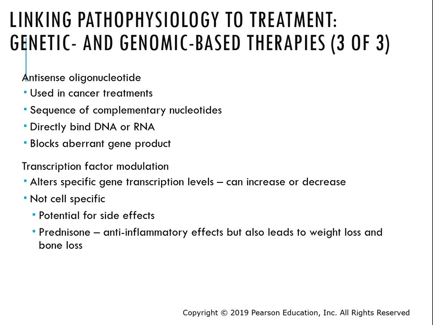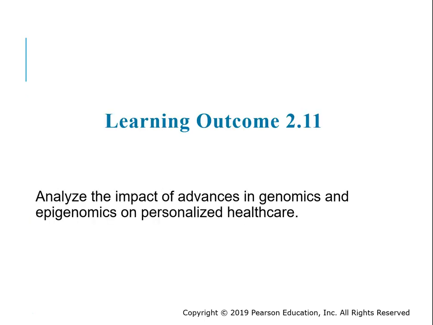So that's why it's giving you this example related to transcription factors. It has anti-inflammatory effects, but it also can lead to weight loss and bone loss, again because it's not cell specific. So you can see how there are limitations to every single one of these technologies or therapies that we mentioned.